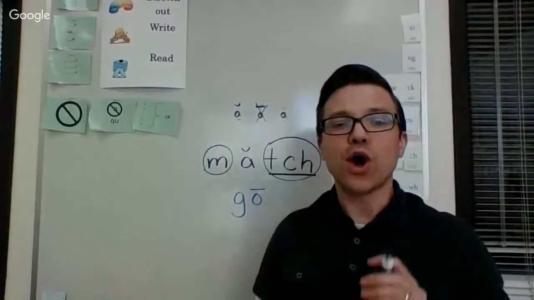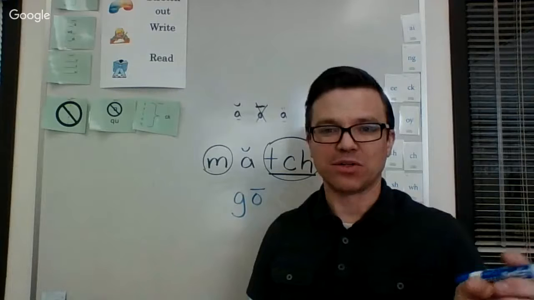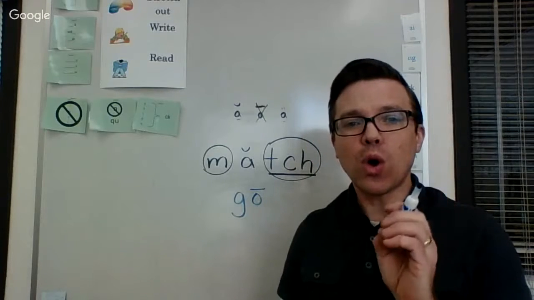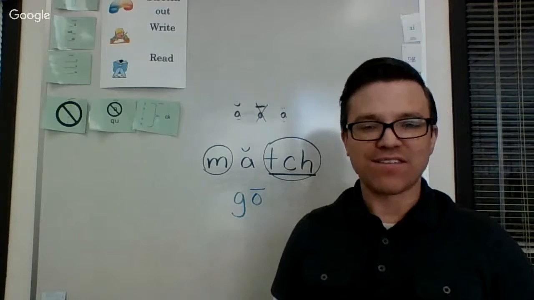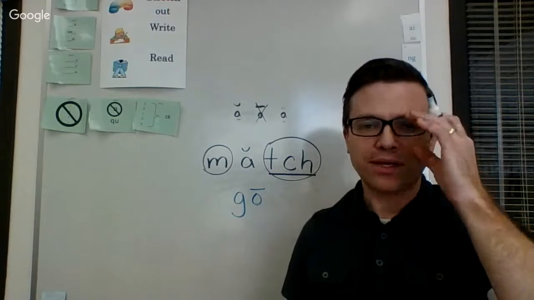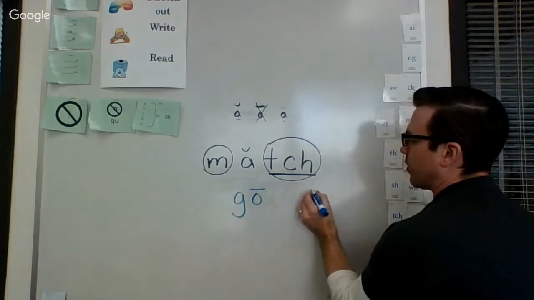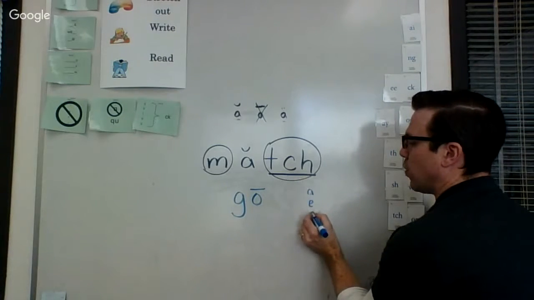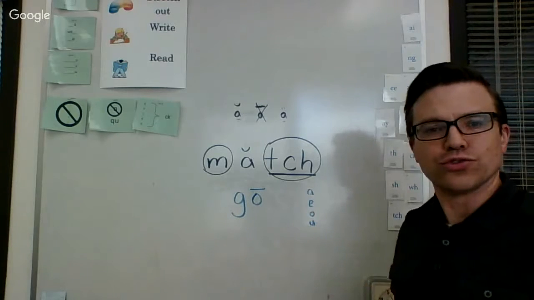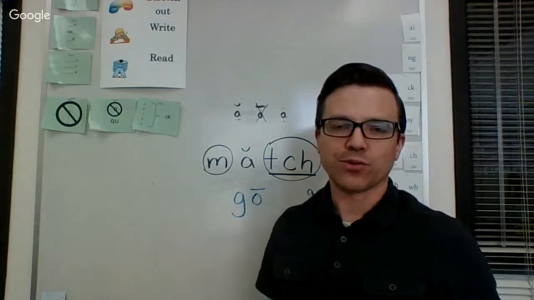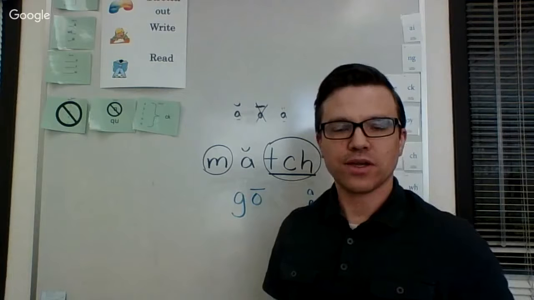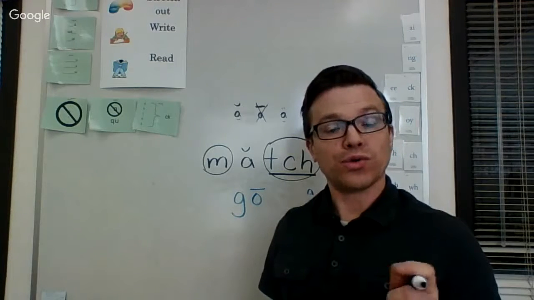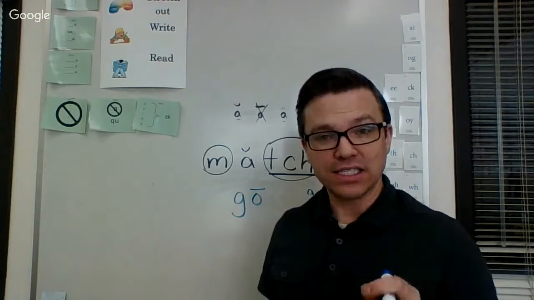We call this an open syllable vowel. Can you say that? Open syllable vowel. Now, what does that mean? We learned a rule a while ago about A, E, O, U. Do you remember it? If you remember it, say it. A, E, O, U. Say their name at the end of a syllable.